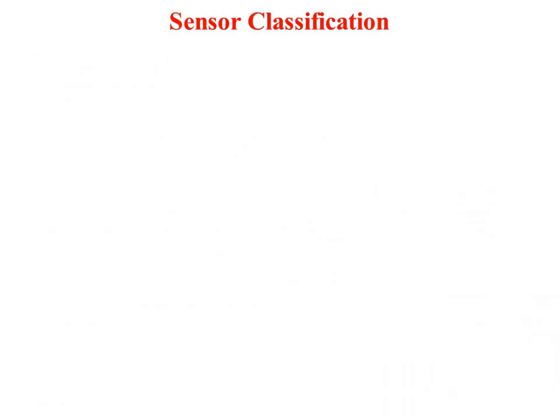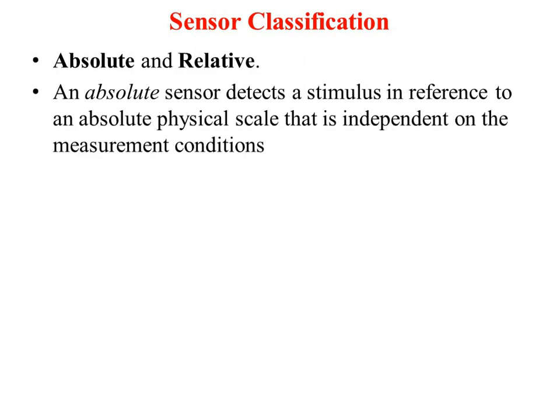Now the next sensor classification is absolute and relative type. What do you mean by an absolute sensor? An absolute sensor detects a stimulus in reference to an absolute physical scale. That means, let us consider that there are certain temperatures.